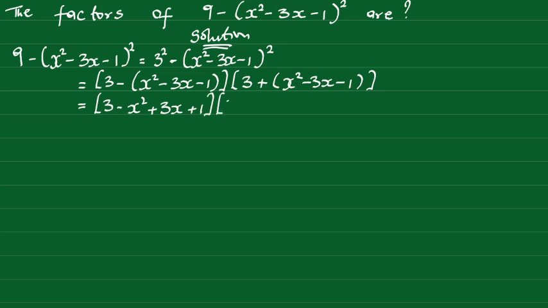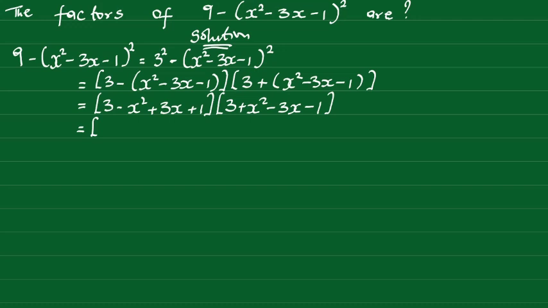Bracket open. 3, plus times x squared gives us plus x squared. Plus times minus 3x gives us minus 3x. Plus times minus 1 gives us minus 1. All brackets are closed. Now we collect like terms.